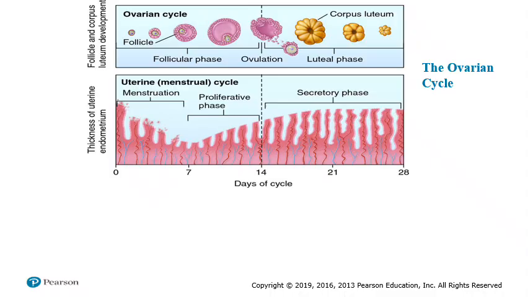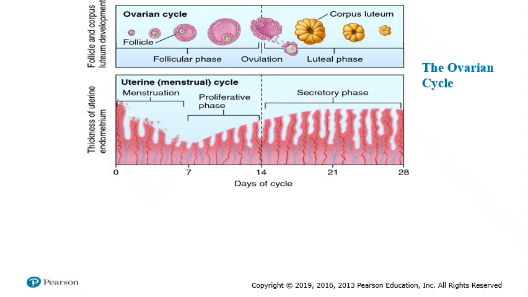Now, during that particular phase, also looking at the uterus itself, during the first 5 days, that's your menstrual phase. After the fifth day, all the way to the 14th day, that's the proliferative phase.